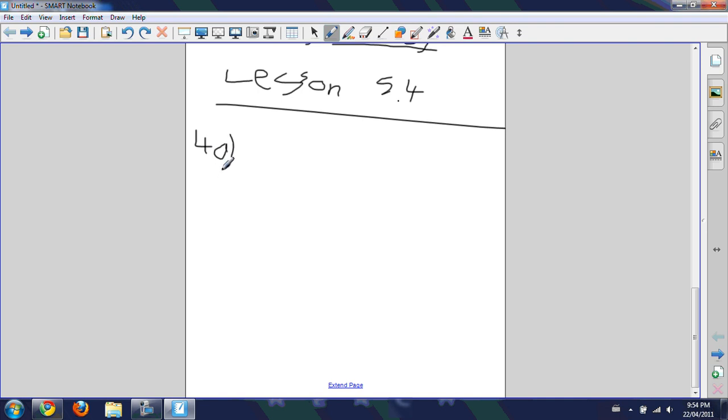And the question says factor if possible, and the question is m squared minus 7m plus 10.